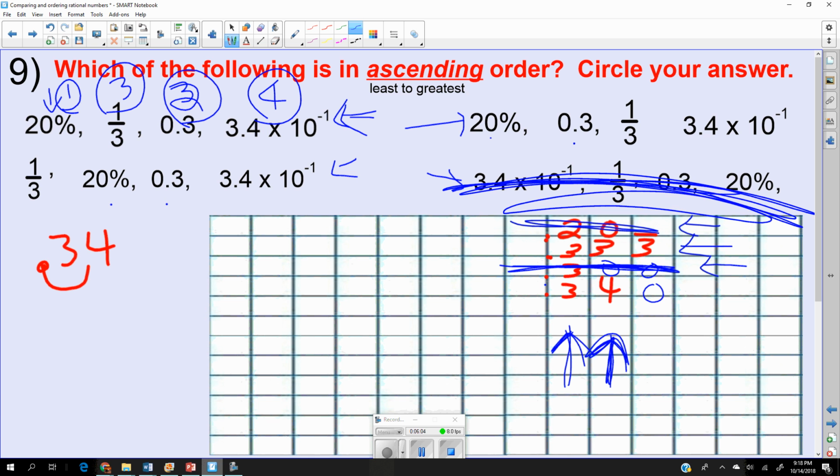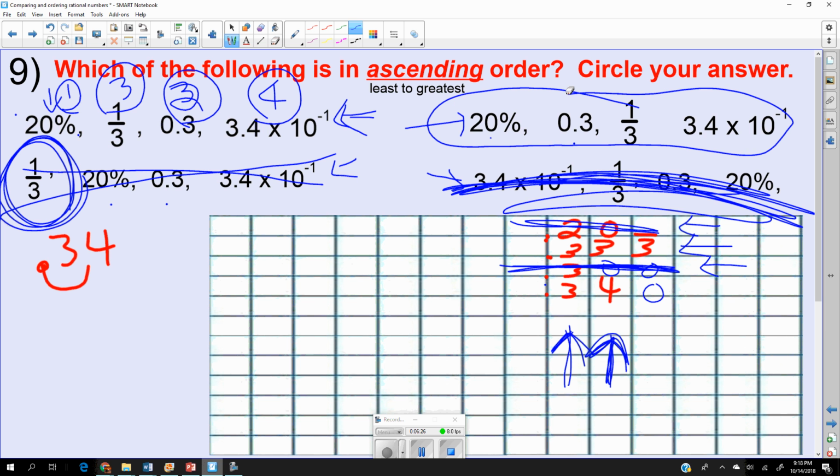Scratch that one out. So the third one would be 1/3. Oh, yeah, the third one is 1/3. Oh, my bad, I didn't see that. We already knew that 20% had to be first. If it wasn't this one, it had to be this one. That 1/3 over there was hiding from me.